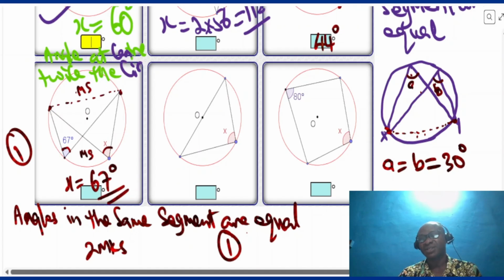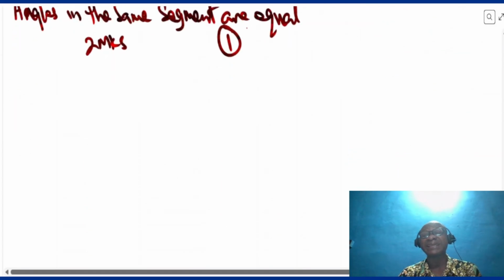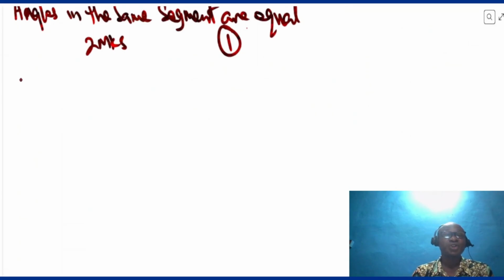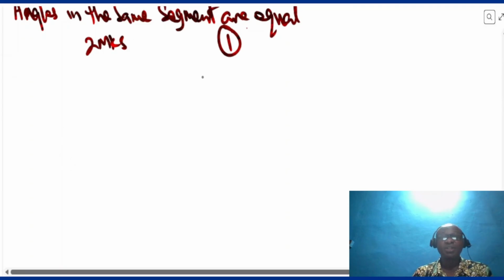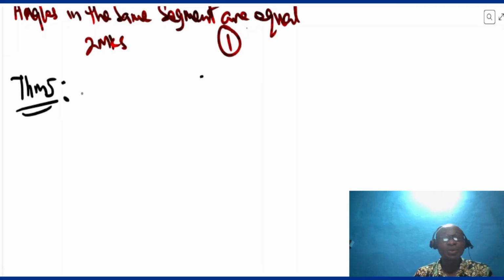And here it is. Angle in a semicircle is a right angle. Theorem 4, theorem 5, under circle geometry.